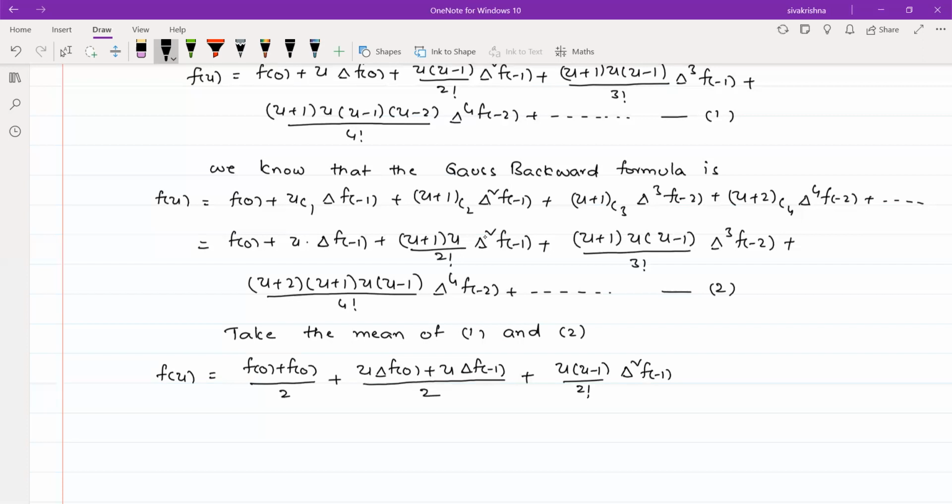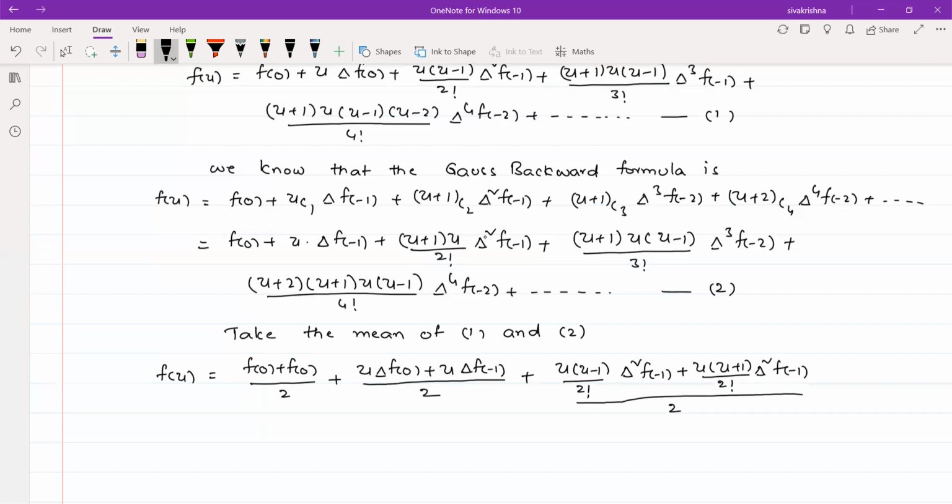And the third term in equation 2 is, I am writing, plus u into u plus 1 by 2 factorial into delta square f of minus 1. Once again we have to write by 2. This is the third term.